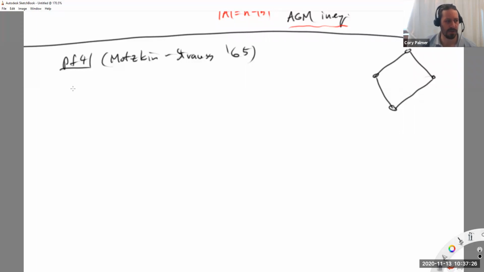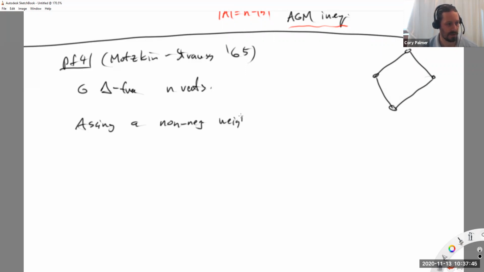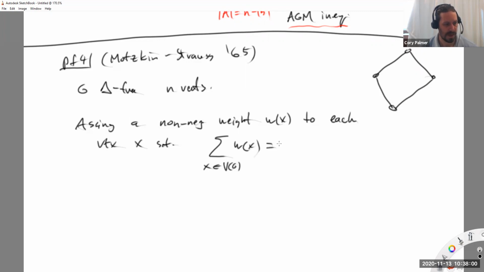So we've got G, triangle free, with n vertices, and I'm going to assign a non-negative weight w_x to each vertex x such that the sum of the weights on all the vertices adds up to 1.